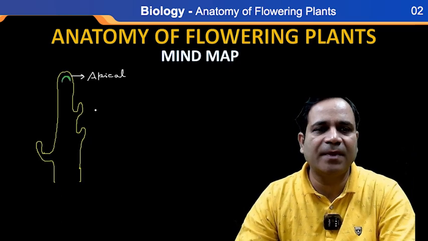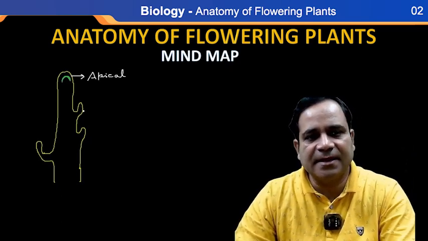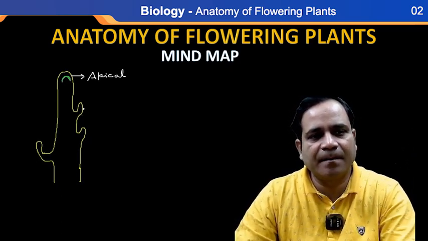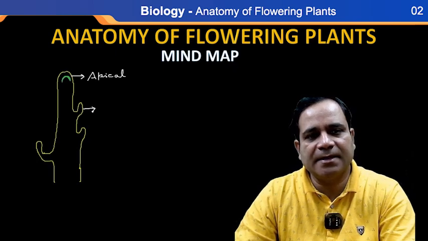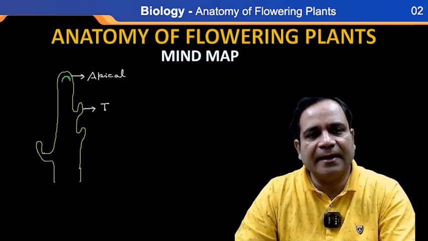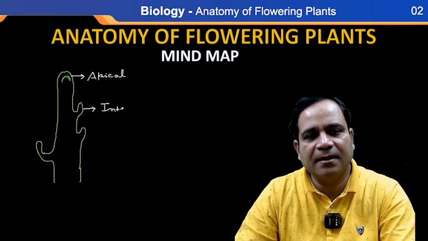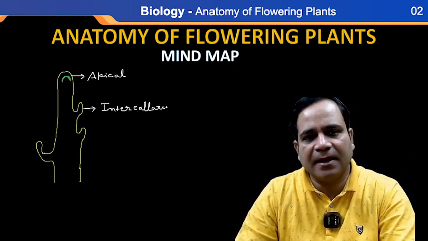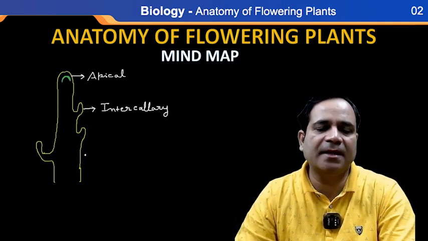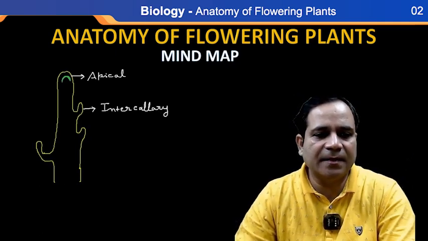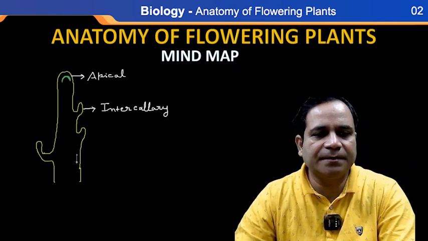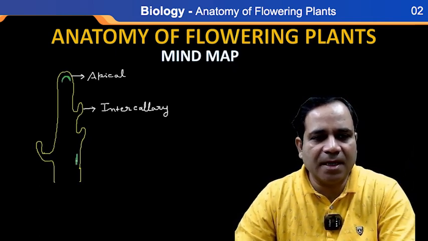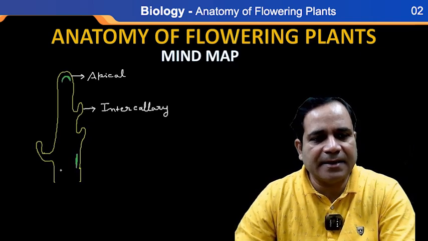So this one here is the apical meristem. And this one is the intercalary meristem, my dear. And this one I'm going to make the lateral meristem.